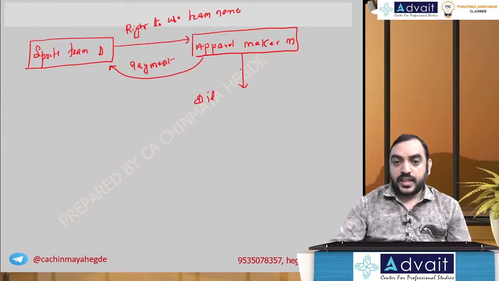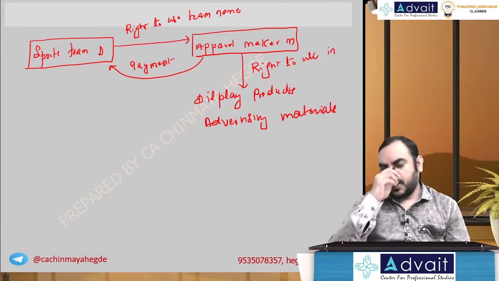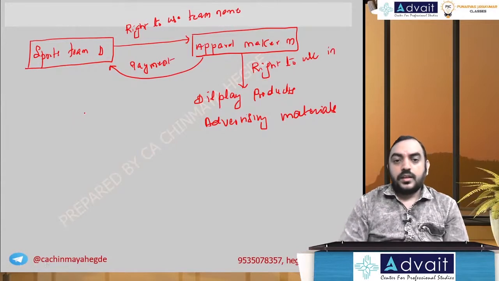So they have the right to use the team name in display products, advertising, marketing materials, brochures, t-shirts, whatever it is. Now the question is this: does sports team D Limited have any other obligation?